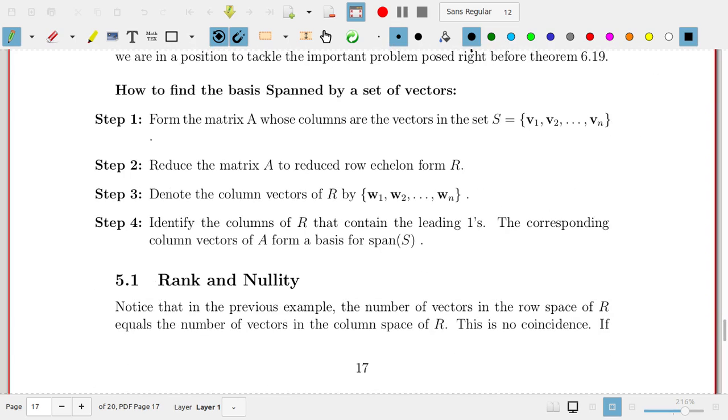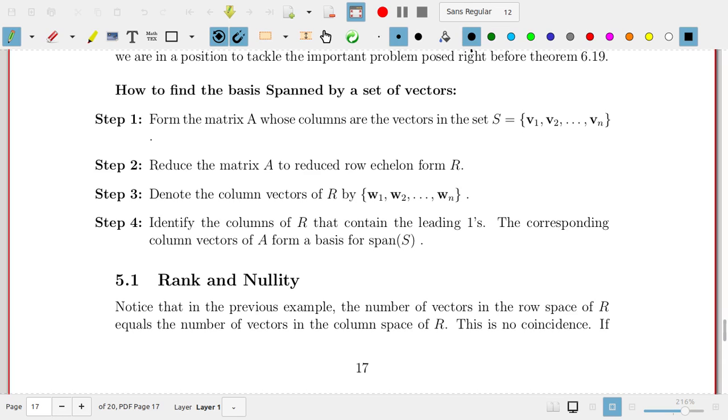Okay, so now we go back to the original problem that we posed at the beginning of the chapter, right? Let's say you have R vectors in n dimensions, and we want to find a basis for the space spanned by those vectors.